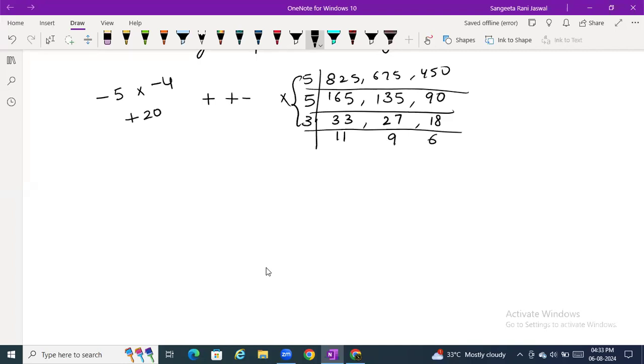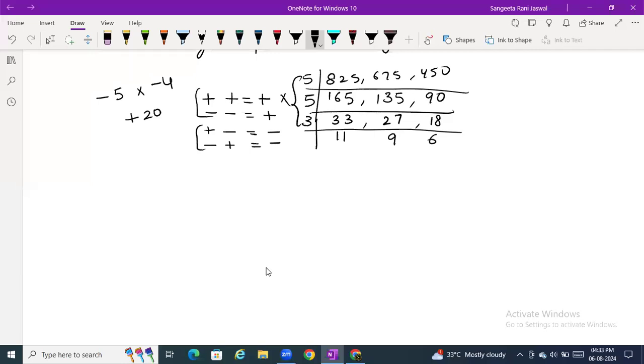Plus into plus will be plus only. Minus into minus will be plus. Plus into minus will be minus. Minus into plus will be minus. This is the sign rule. When you have same signs, then you get plus. When you have different signs, you get minus. Okay?